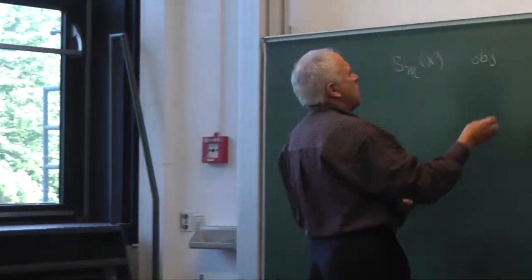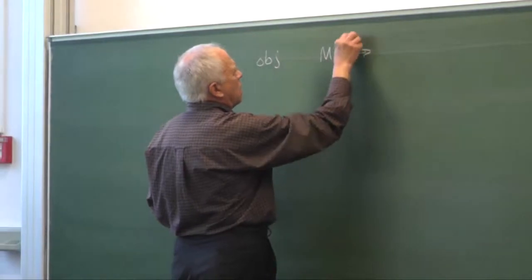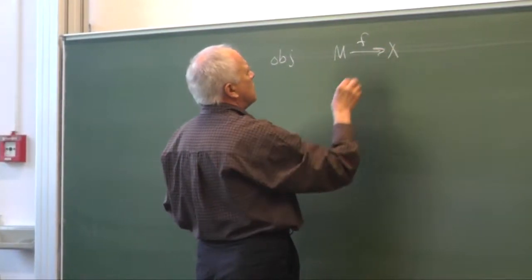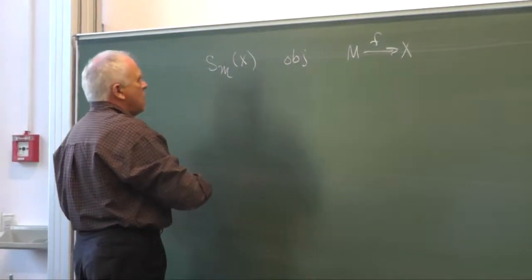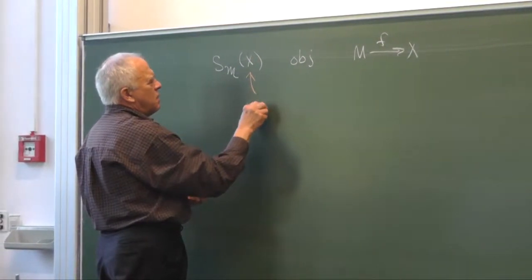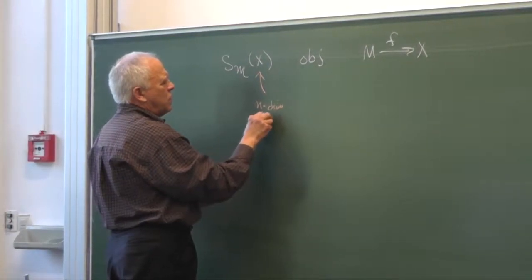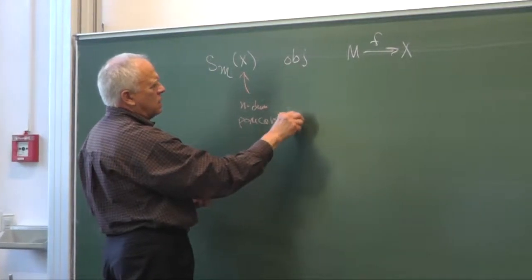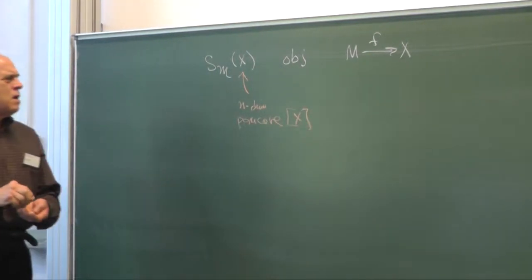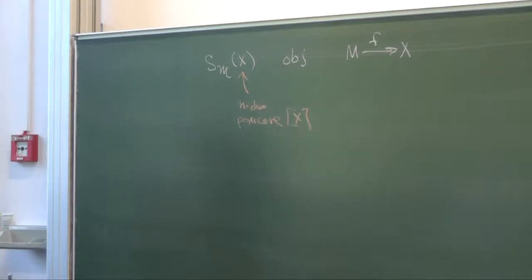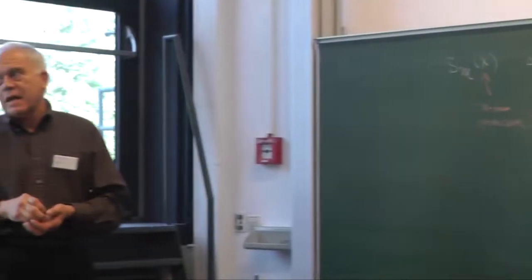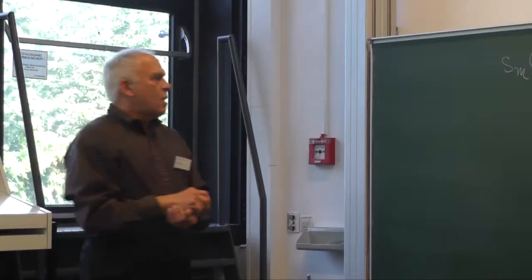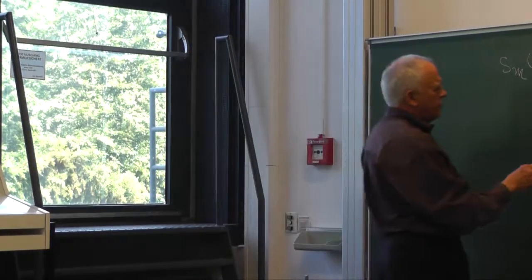Now, objects are maps f from M to X, and remember that X is an n-dimensional Poincare space with fundamental class. Now, in general, we'll be using Z pi_1 coefficients, so the fundamental class is in the universal cover, or twisted. This might be twisted.